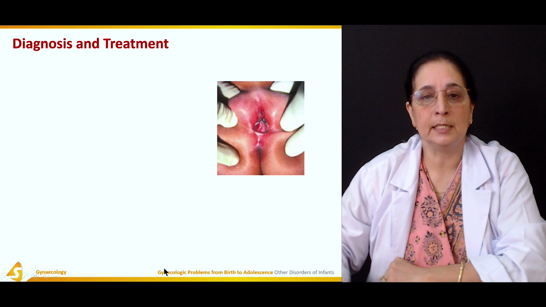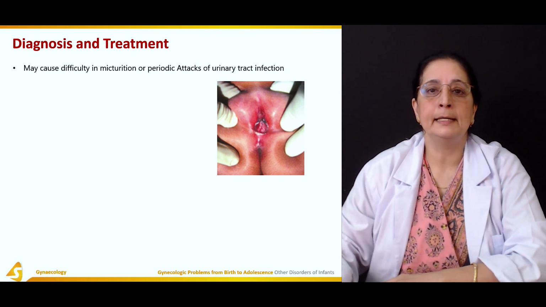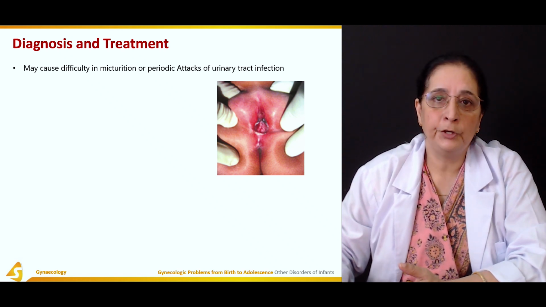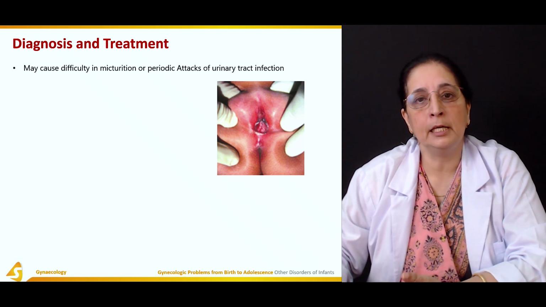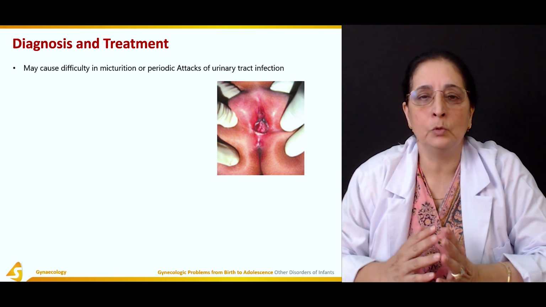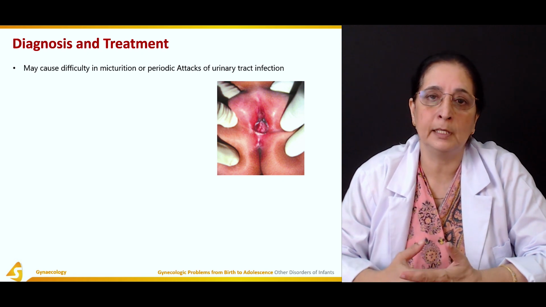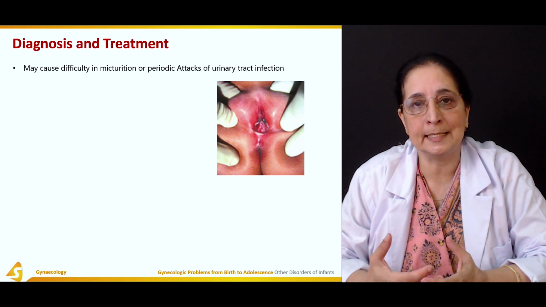It may cause difficulty in micturition or periodic attacks of urinary tract infection. If there is difficulty in micturition or urination, it usually leads to urinary tract infection because of obstruction to the flow of urine, or urinary stasis.